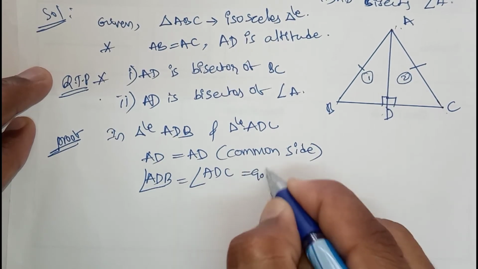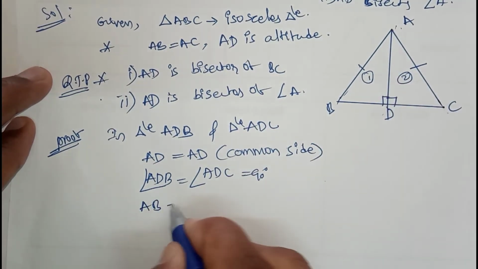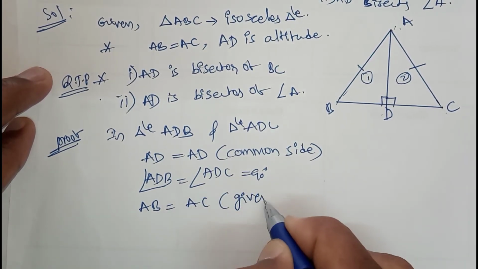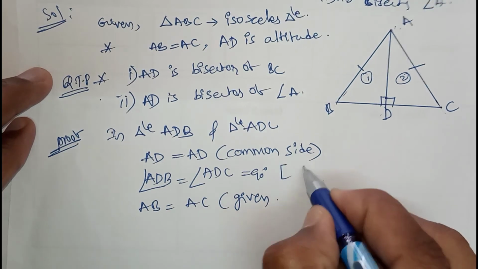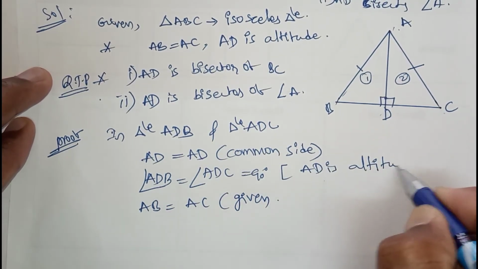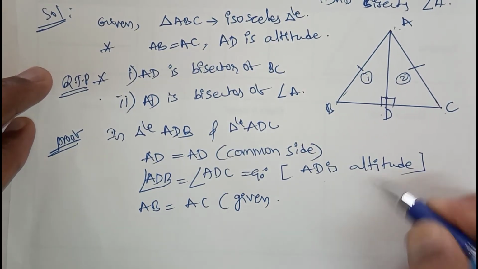These two are 90 degrees. AB equal to AC, this is given. Why is it 90 degrees? AD is altitude. Altitude means it makes 90 degrees.